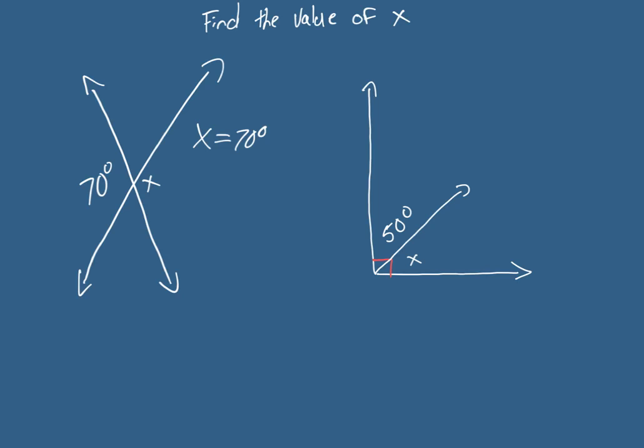Well, we know that the whole thing is 90, and some of it is 50, so what's left over? To find that, you could just do the whole big angle minus the part we know, and that would give you 40. So x has to be a 40-degree angle. And then we're done.